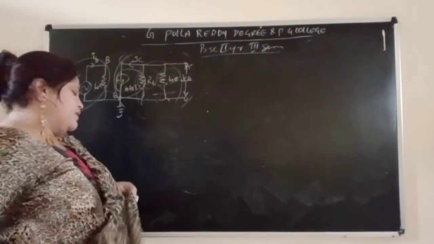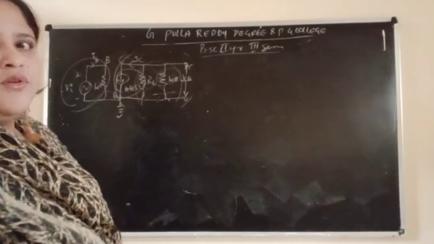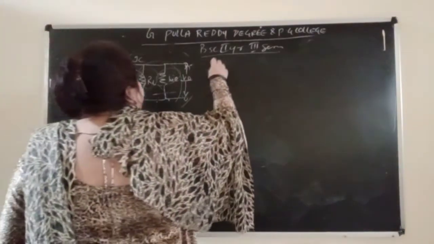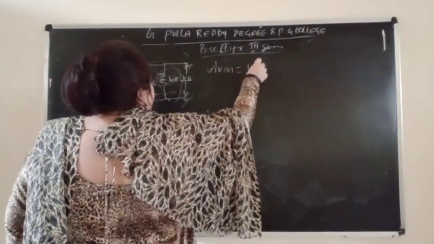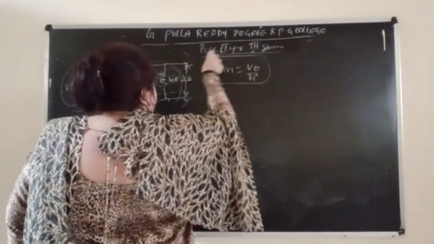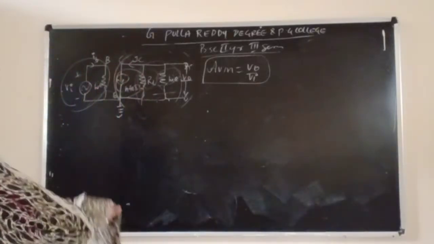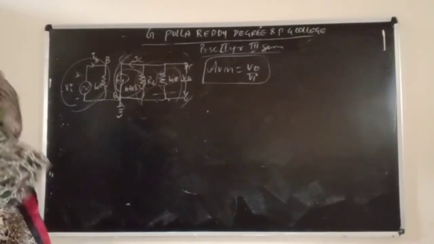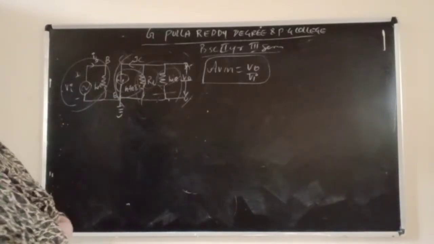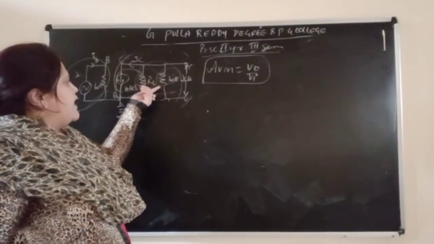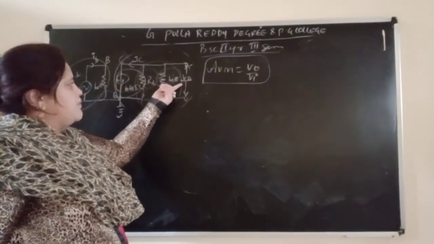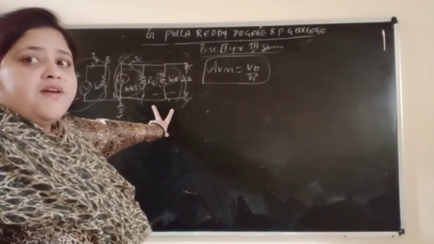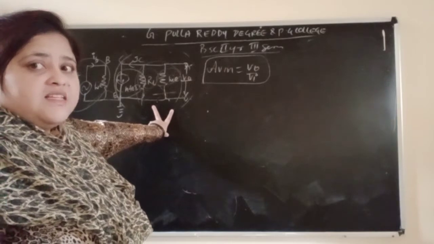You have to draw it compulsorily. Then we have to calculate the voltage gain in the mid frequency range, AVM, output by input. You can calculate the output from this block, across RL, but HIE is disturbing. So we will make them one, known as the effective load resistance ZL.